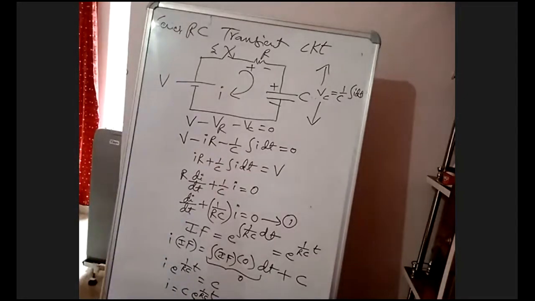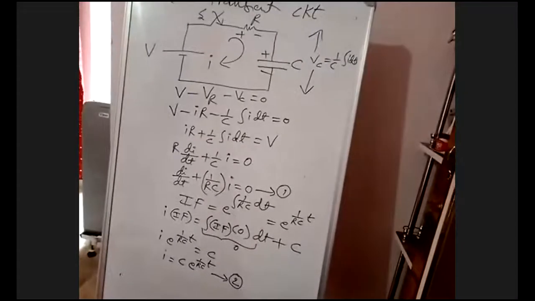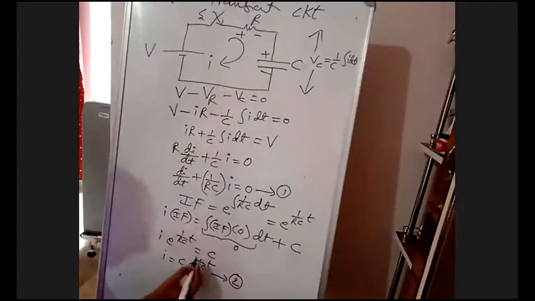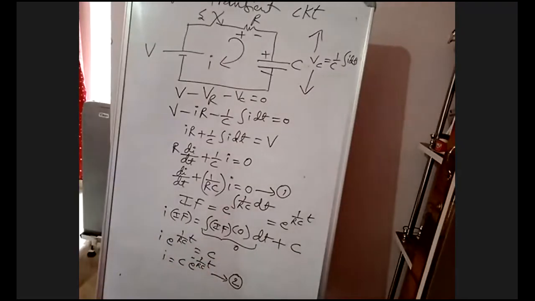So this is the current equation: C into e power minus 1 by RC. Because we are bringing to the right hand side, it becomes C into e power minus 1 by RC into t.